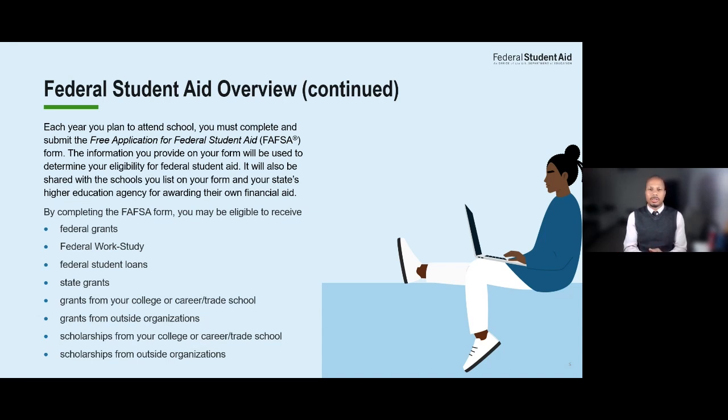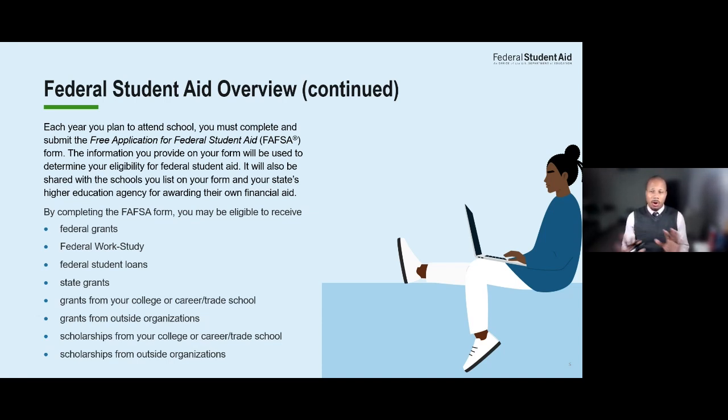We'll also have private organizations that may ask you for documentation that comes from the Free Application for Federal Student Aid, because they may utilize it to determine how much scholarship money you may be eligible for, if any at all. So a lot of organizations leverage the FAFSA form.